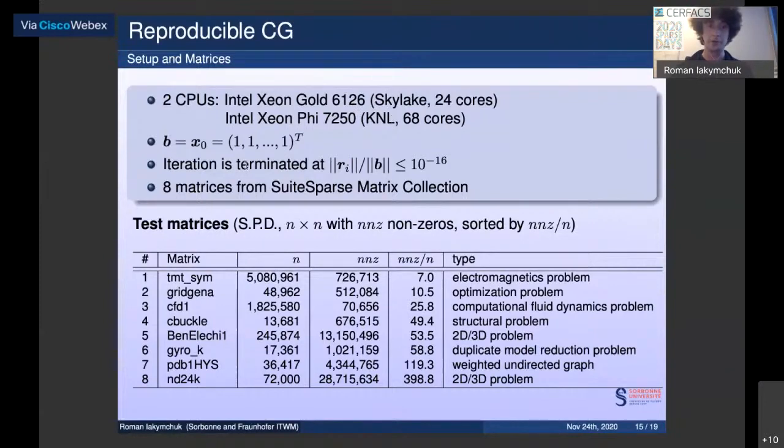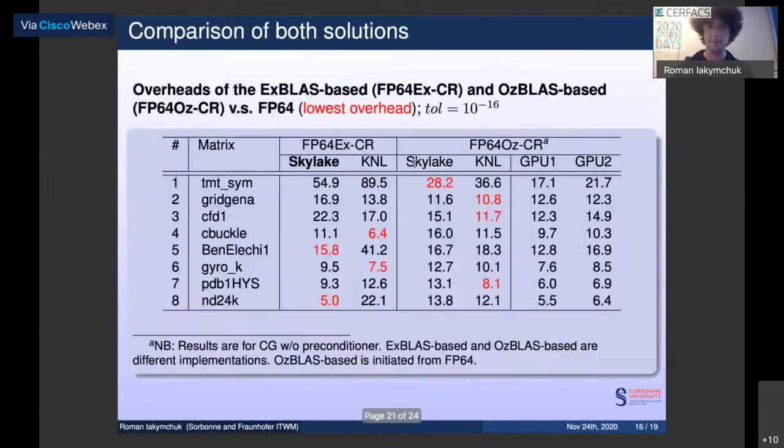We used different matrices from the SuiteSparse matrix collection with different numbers of non-zero elements and condition numbers. We had here much tighter termination criteria, 10 to the power minus 16. And in the table, we pretty much compare both methods.